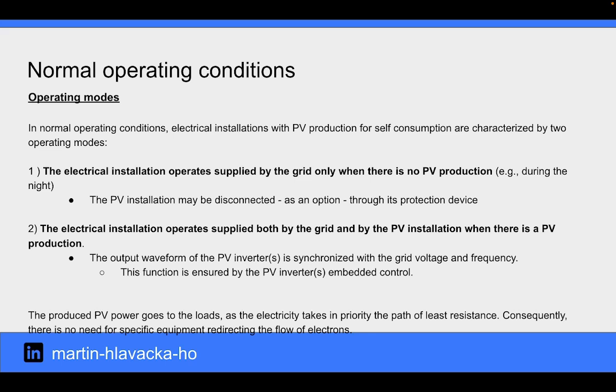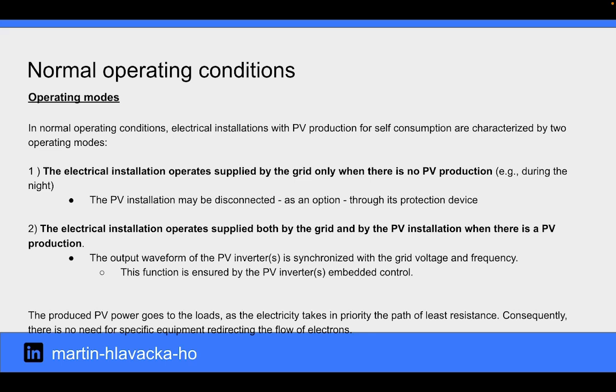The electrical installation operates supplied by the grid only when there is no PV production. The PV installation may be disconnected as an option through its protective device. Or the electrical installation operates supplied both by the grid and by the PV installation when there is a PV production.